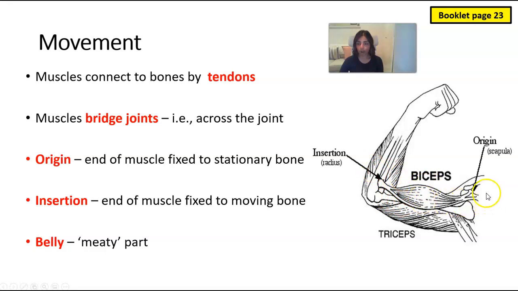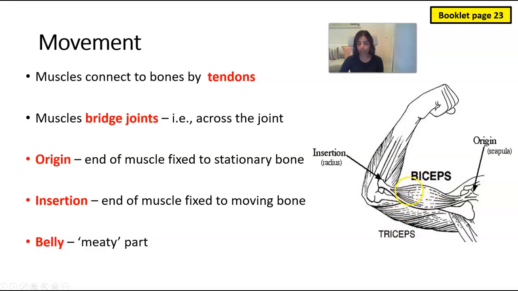So you have the origin where that muscle is fixed on one bone, and then you have the muscle itself and the insertion point where that anchoring tendon goes onto a different bone. The reason you need the tendons on the origin and the insertion going on different bones is because this is how we achieve movement through this pulley system.